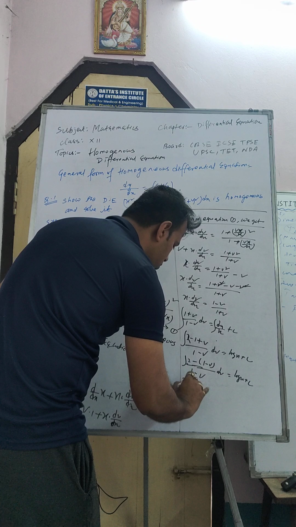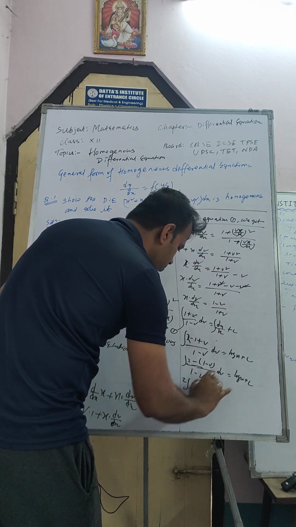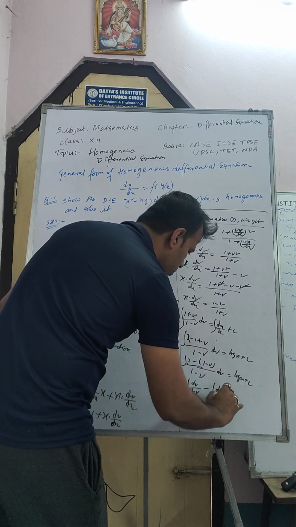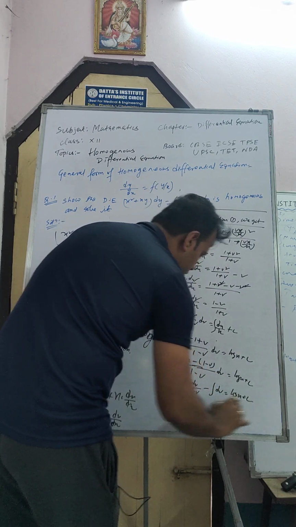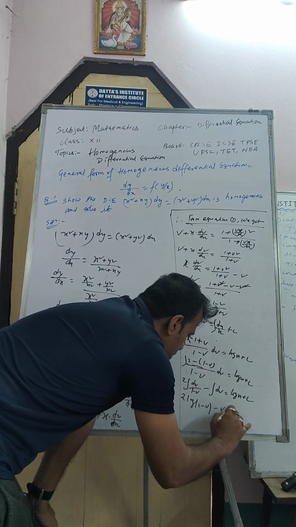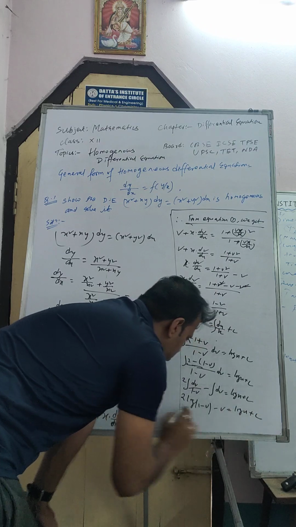It will become 2 into integration dv by 1 minus v, and here it will cancel out dv, equal to log x plus c. So 2 into log of 1 minus v equal to log x plus c. Just put the value of v here.